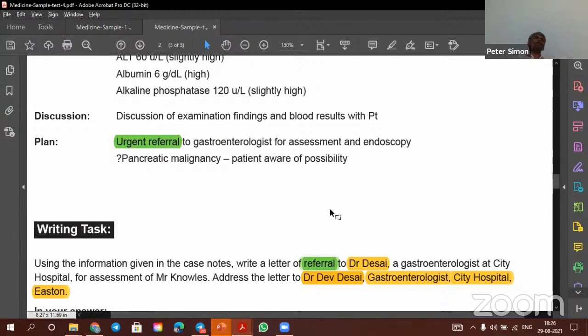And in an urgent letter, the present situation is more important, because in an urgent situation you cannot talk about the past. You should write about the present in the beginning, because the present is the problem more than anything else.